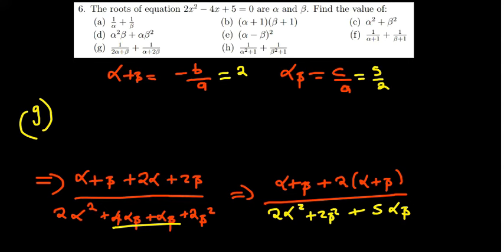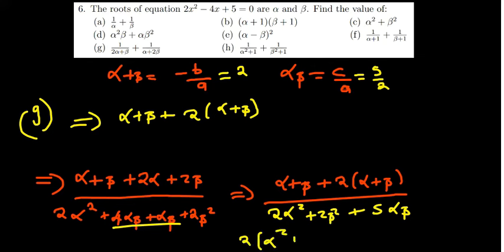I can continue from the top part. So alpha plus beta plus 2 alpha plus beta. So for this part where we've got 2 alpha, I can factorize 2, so remain with alpha squared plus beta squared in the brackets.